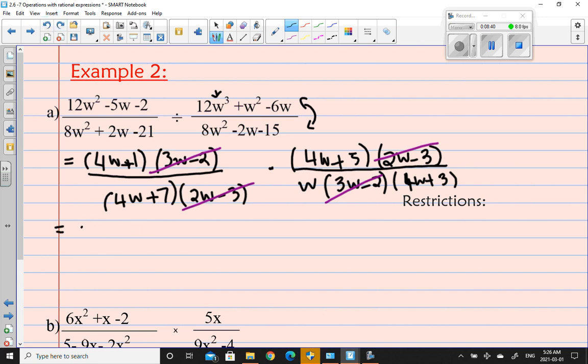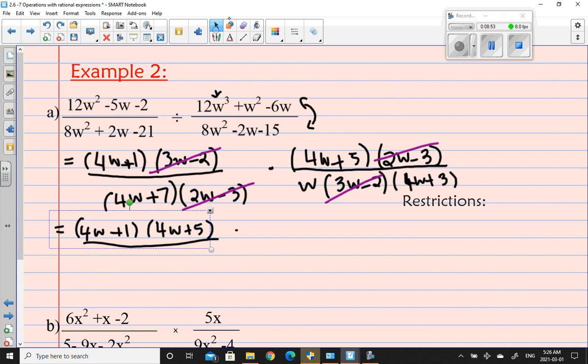You're left then with 4w plus 1 times 4w plus 5, divided by w times 4w plus 7 times 4w plus 3.